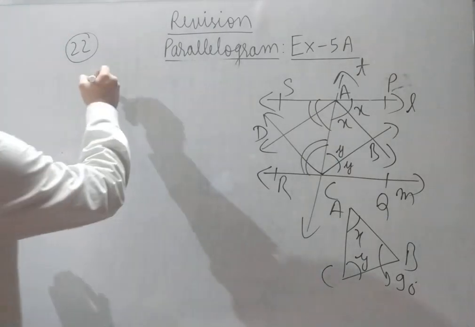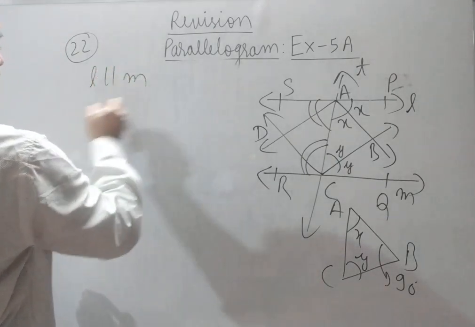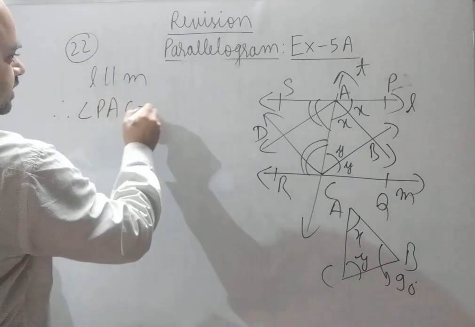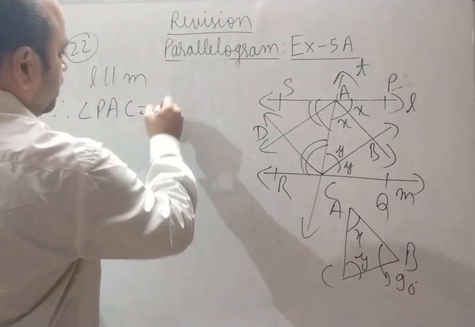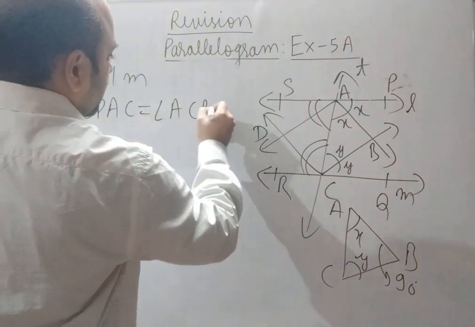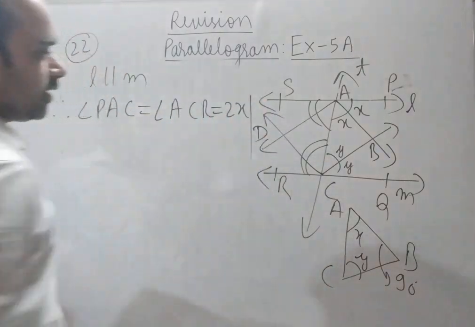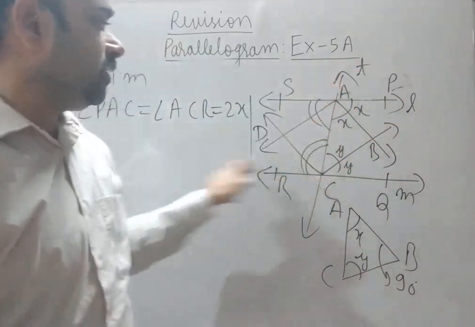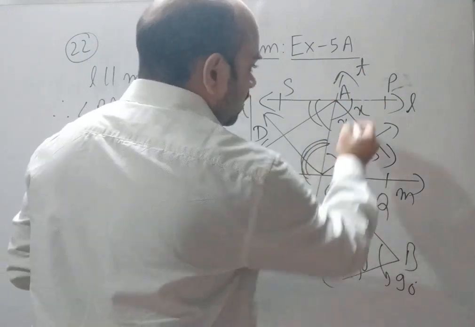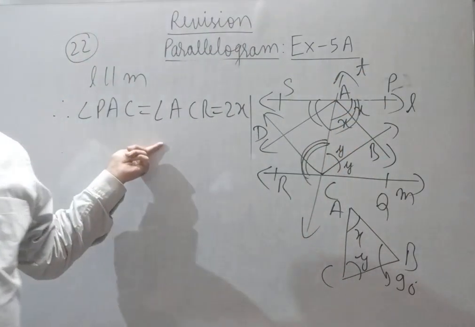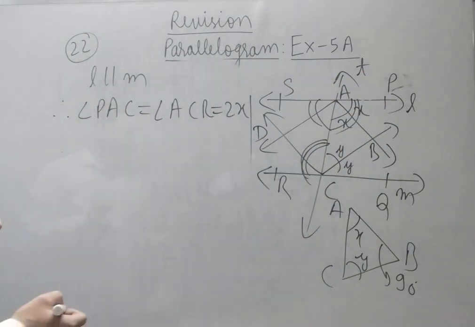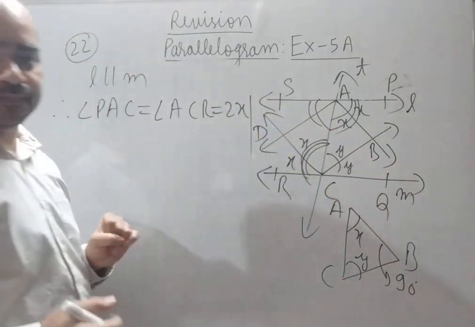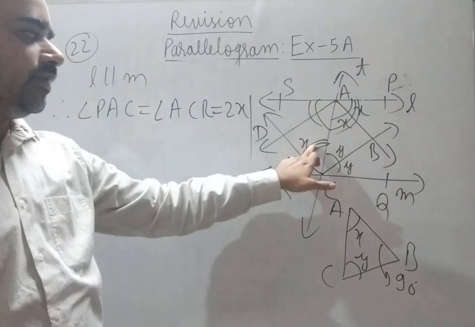So L is parallel to M, therefore angle PAC is equal to angle ACR, equal to 2x. Why? Alternate interior angles. If this is 2x, and this is a bisector, this will become x and x.